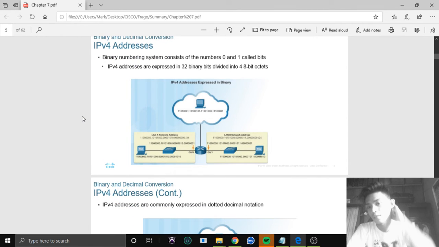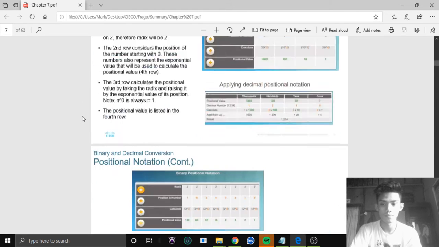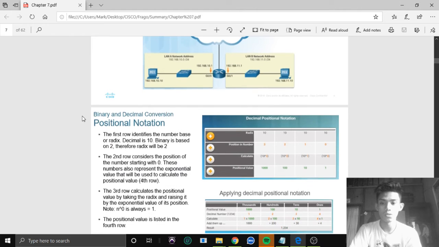So the fundamentals: the binary system consists of the numbers 0 and 1, called bits. Positional notation: the first row identifies the number base or radix.